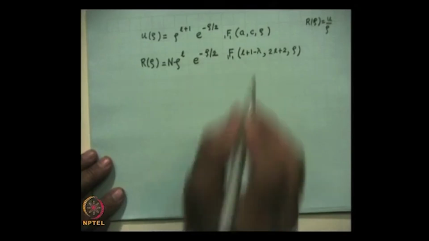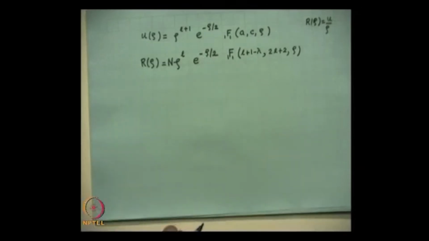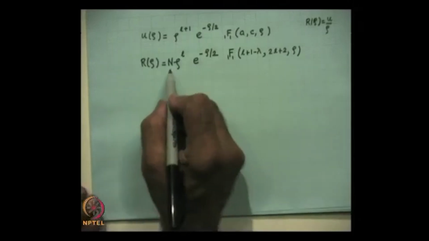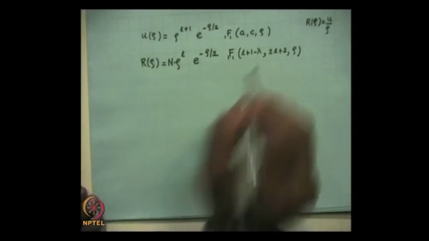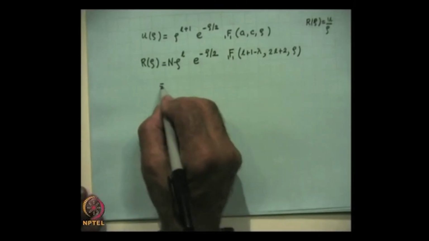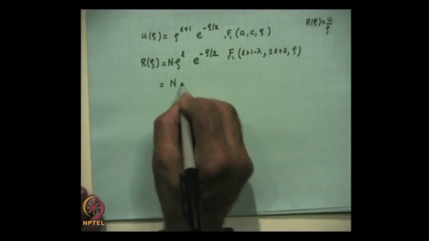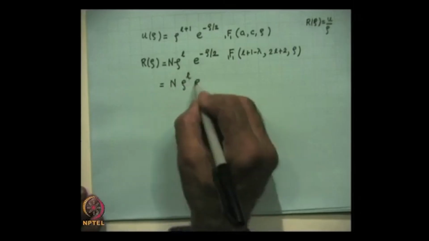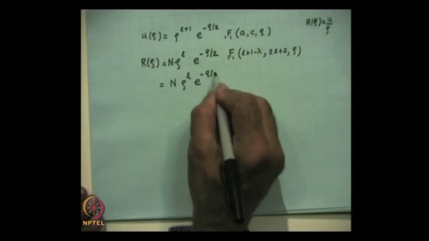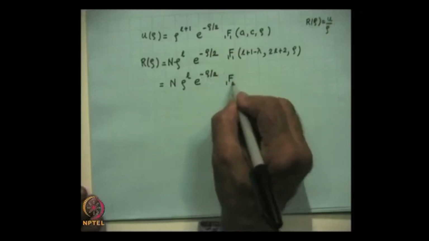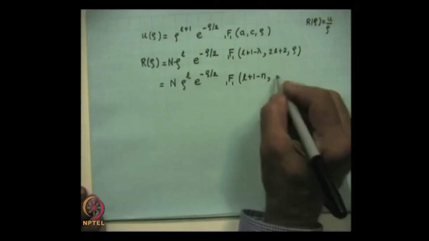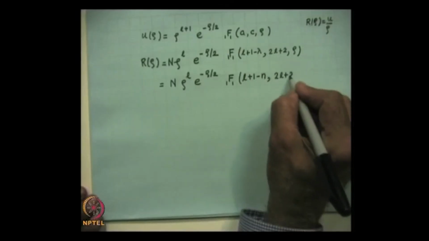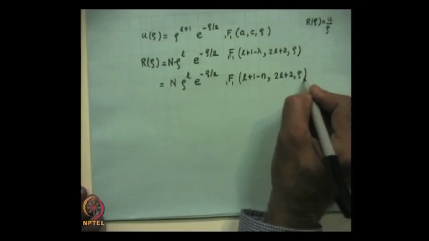This is the rigorously correct wave function for the hydrogen atom. How would I determine it? So, lambda was put equal to n. Let me write it down. This is the normalization constant, rho to the power of L e to the power of minus rho by 2 F 11 (L plus 1 minus n, 2L plus 2, rho).